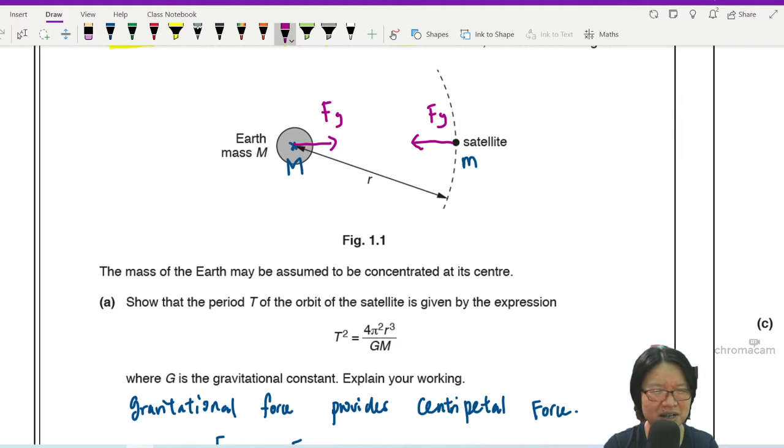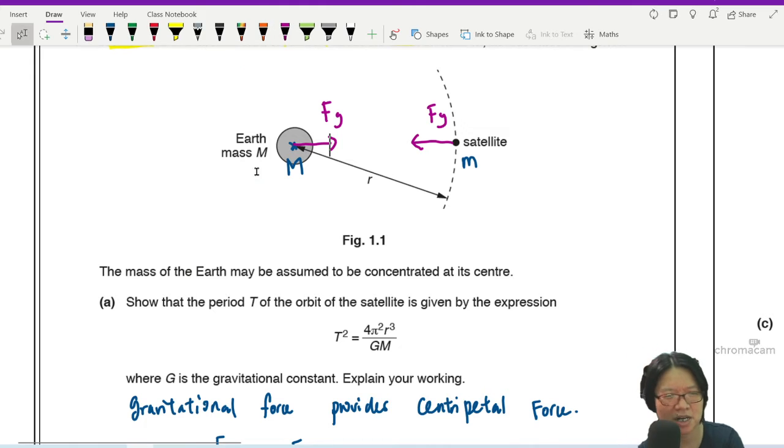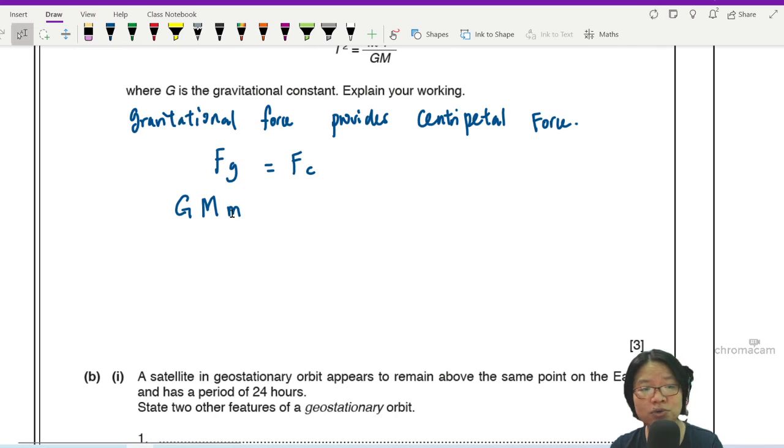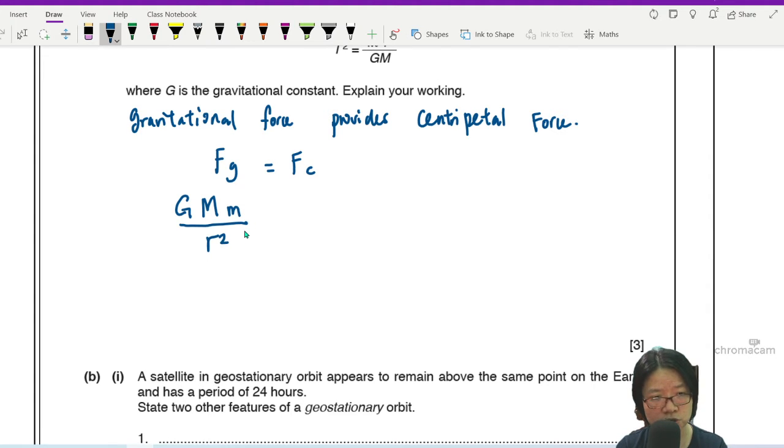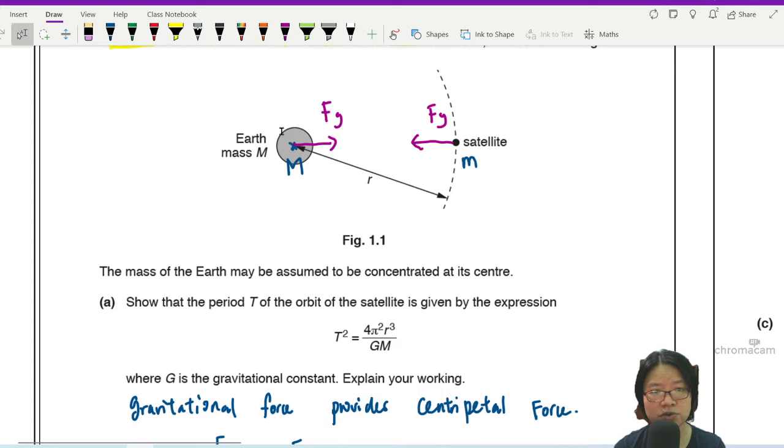It's just that Earth has much more mass, so you don't really see the effect of the satellite. For the moon, maybe just the tides, the ocean waves. So it's the attractive force between Earth and moon, or Earth and the satellite, divided by the separation squared, r squared. The radius or the separation is r.